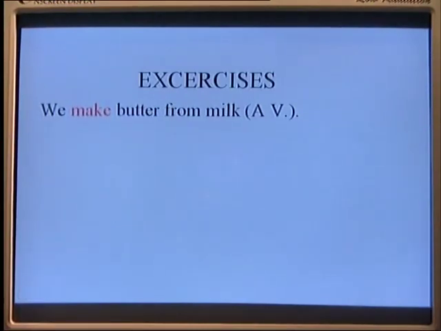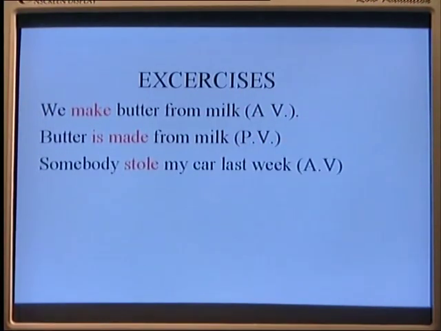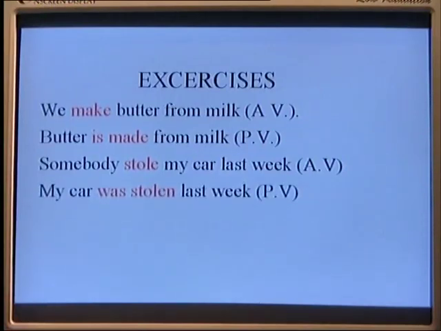Have you got it? Look at the answer. Butter is made from milk. Shall I give you another sentence? Somebody stole my car last week. Change it into passive voice. Have you got it? My car was stolen last week.